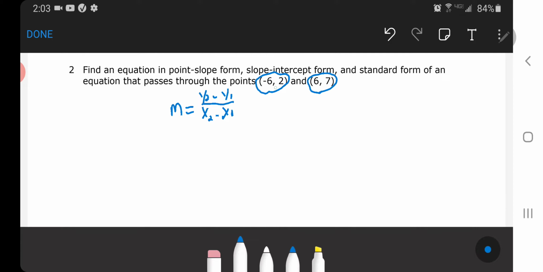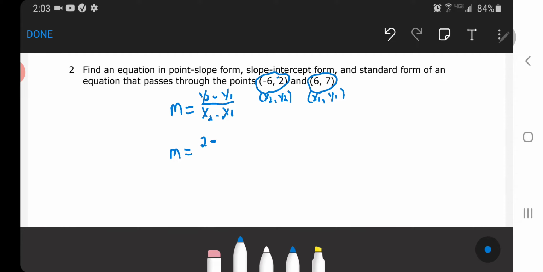I'm going to name these guys my 2's. So I'm going to call him x2 comma y2, and then this guy over here is my x1 comma y1. Like I said, it doesn't matter. I just made that decision. So we're going to get m equals y2. We're naming that 2 the y2, so put 2 down.